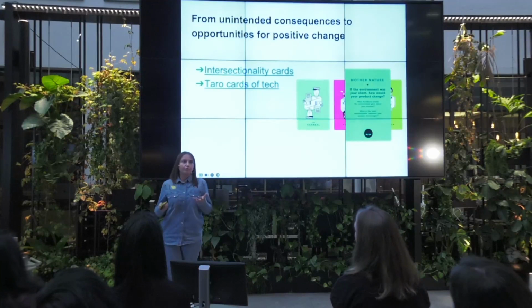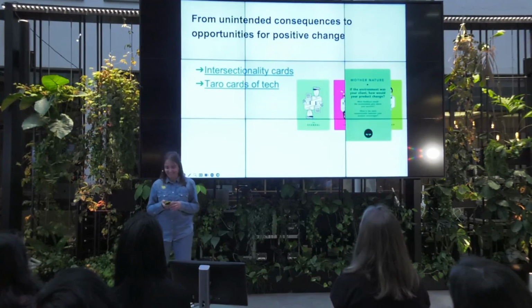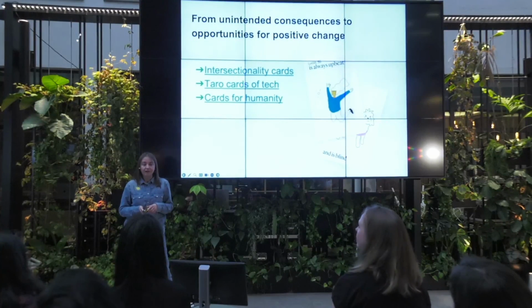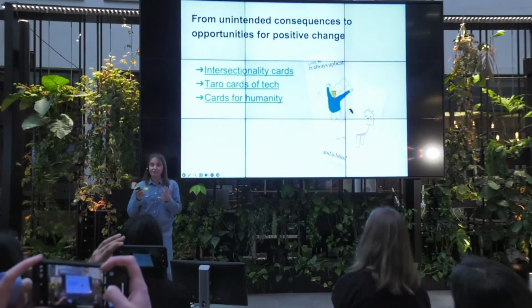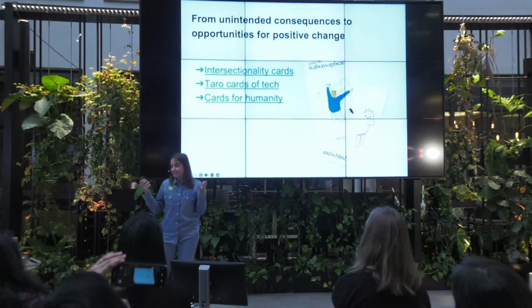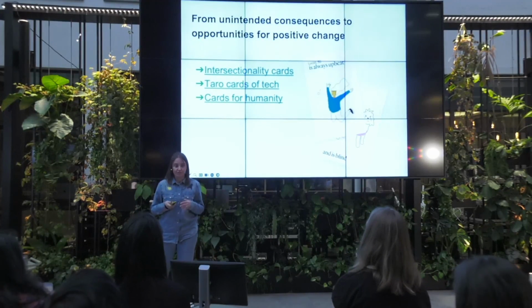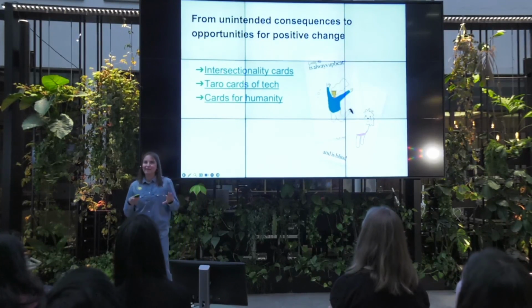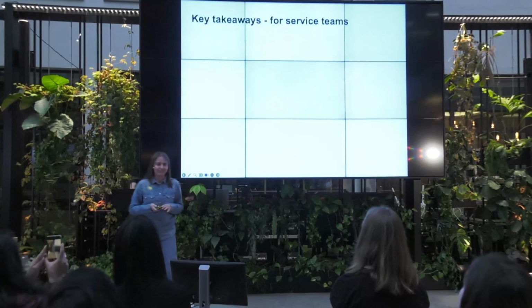What would nature say? What say do they have in this design? So that's a good one. And then the cards for humanity, just pairing up different conditions, and you can start the conversation with your teams. In this case, it was Lucia, 55, always upbeat, and is blind. So it gives you different scenarios so that you can do some crash testing on your designs.